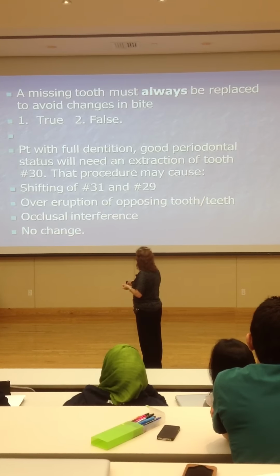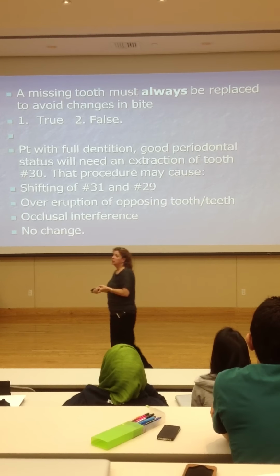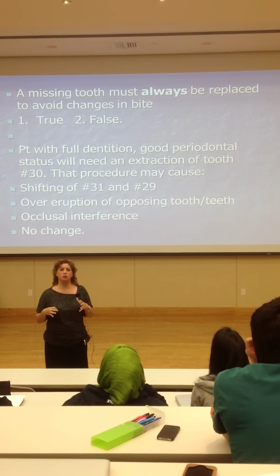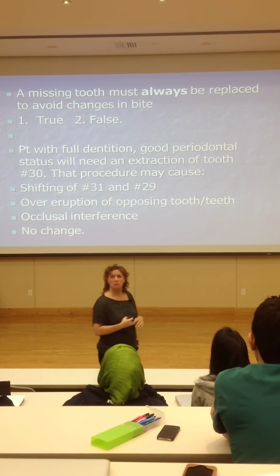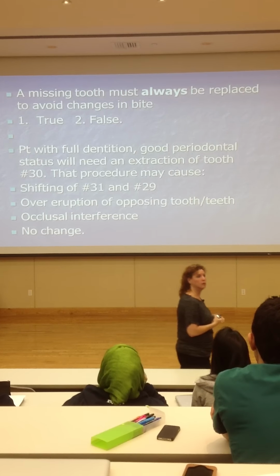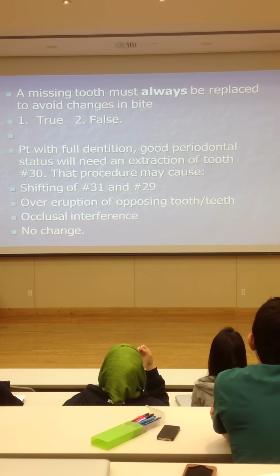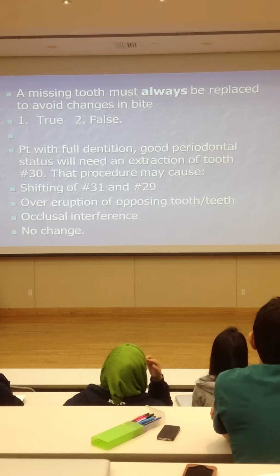So we all know this. Okay. Do we always have to restore a missing tooth? Anybody who says yes, raise your hand. You're such liars. You will see, you get to the clinic, somebody's lost a molar, oh, we have to put an implant there.